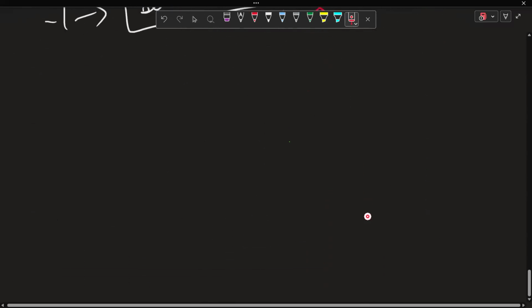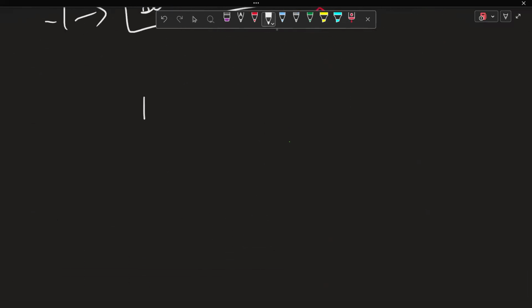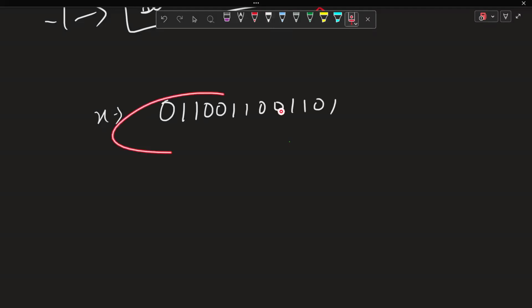Whatever x I have been given, what I'm doing here is selecting a y so that the lowest set bit, whichever is the LSB of that x, is selected.